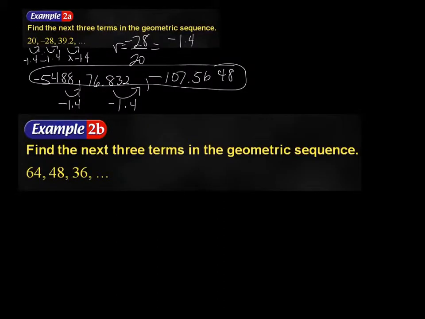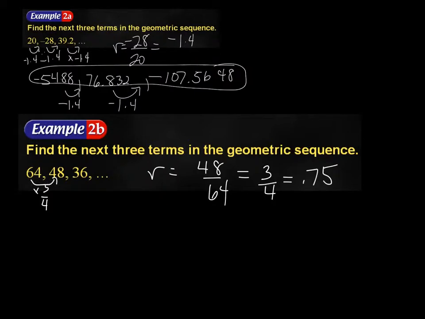Okay, once again, they told me it's a geometric sequence, so I can find the common ratio by dividing the second term by the first term. And this one comes out as 3/4, or you could use 0.75. It really doesn't matter. So whichever form you prefer, we're just going to start multiplying. And wouldn't you know, 64 times 3/4 is 48. 48 times 3/4 is 36.